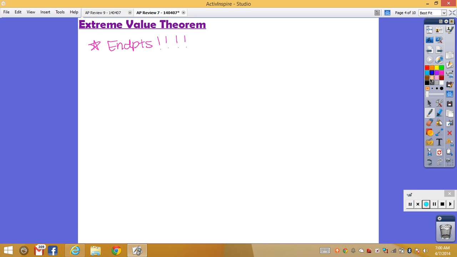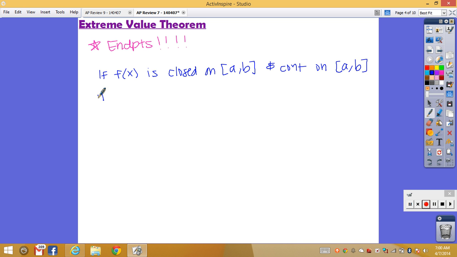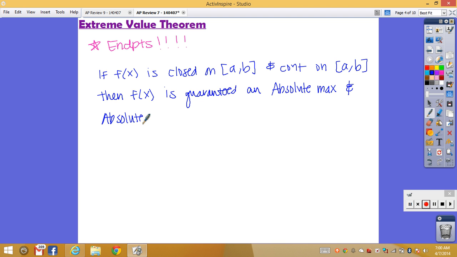All right, so going back through EVT, if f of x is closed on a to b and continuous on a to b, then f of x is guaranteed a max, I should say an absolute max and absolute min.